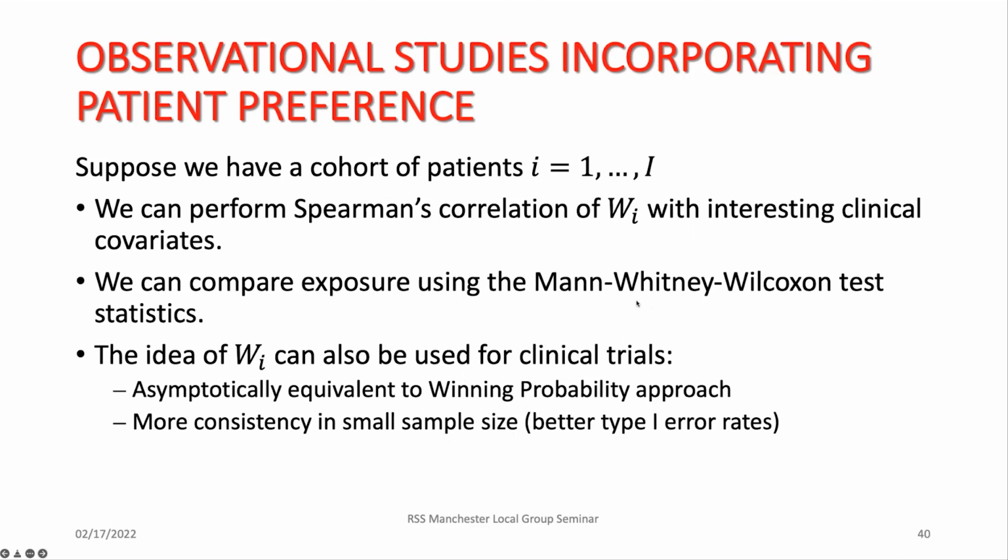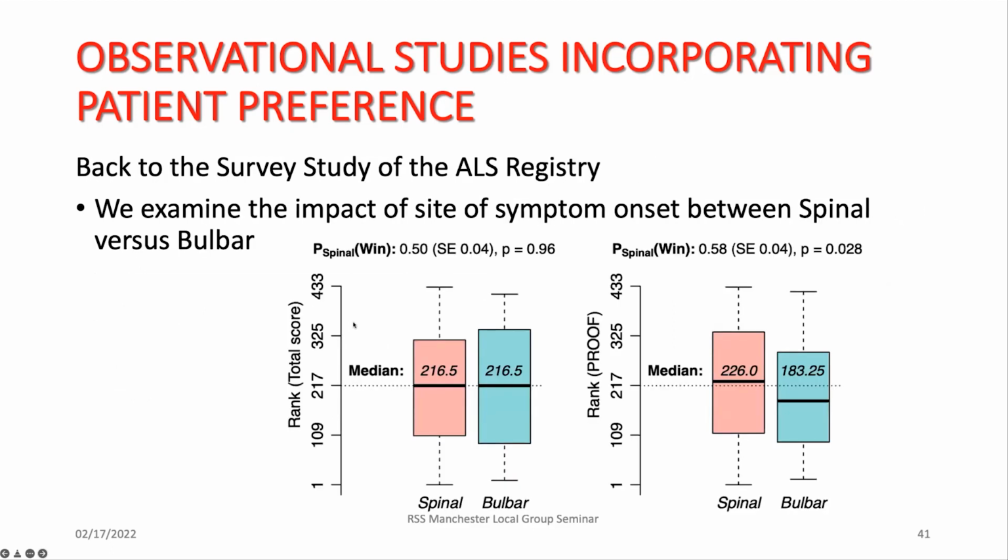So we can do Spearman's correlation of Wi with some clinically interesting covariates. And we can also compare exposure using Mann-Whitney test statistics, okay? So here is one example.